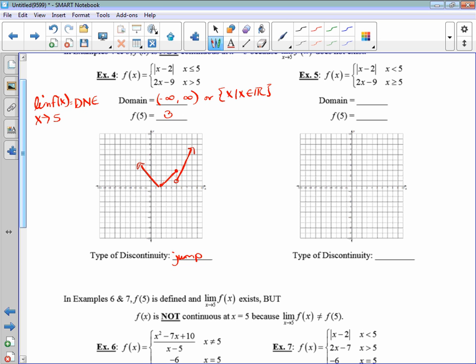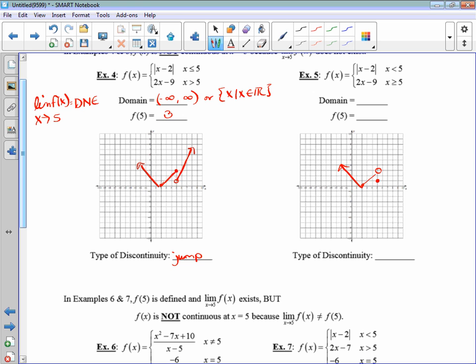Okay, let's graph again for number 5. Same graph again, pretty much. What's the only thing different? They're not both open. Which one is closed? The other one, yes. So we're back to the absolute value graph, looking like this.